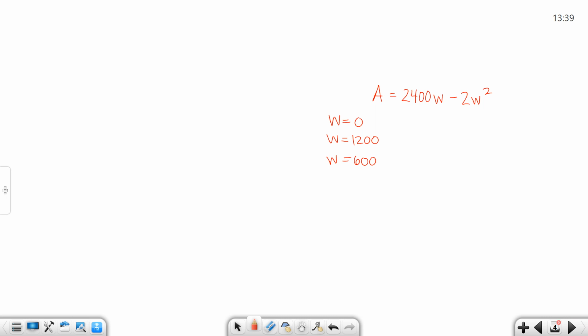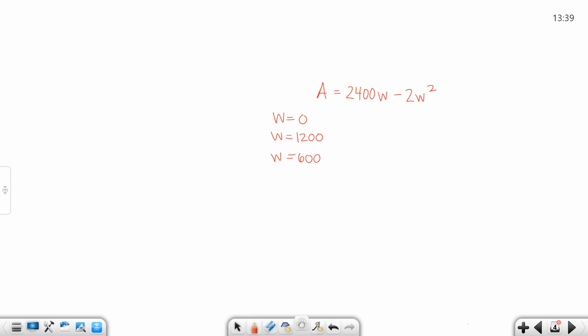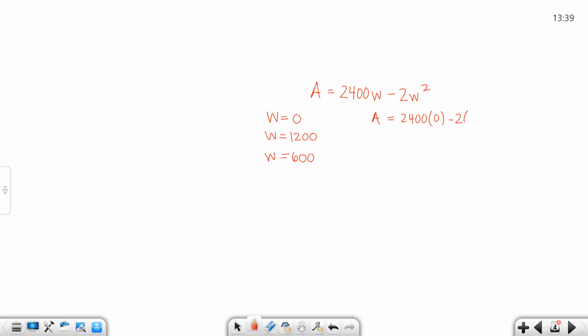And we're going to see which one of these gives us our maximum area. Okay, if you plug in 0, you get that area equals 2400 times 0 minus 2 times 0 squared. So you get that your area is 0. That doesn't work. So then we can plug in 1200.